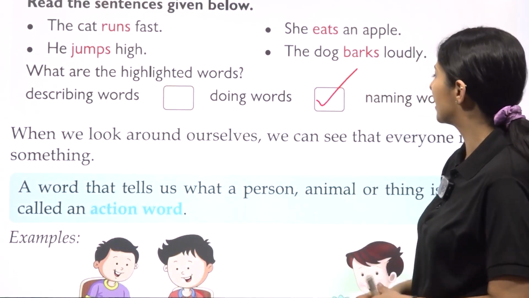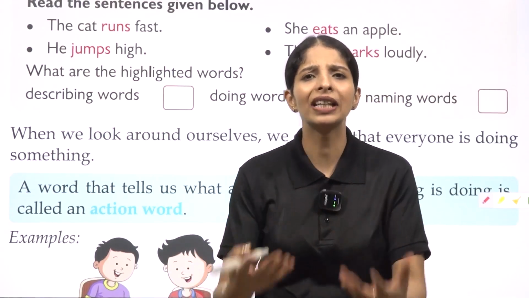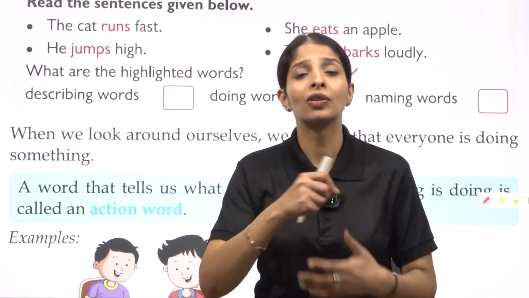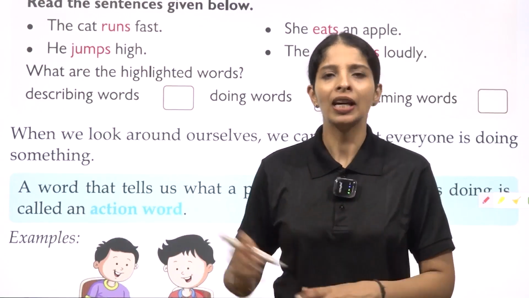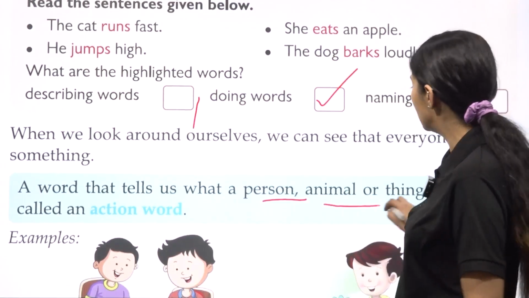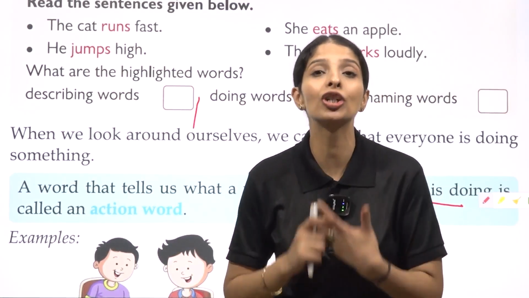When we look around ourselves, we can see that everyone is doing something. Like I am teaching. I teach. Right? You are writing. So you write. So everybody is doing something. A word that tells us what a person, animal or thing is doing is called an action word.